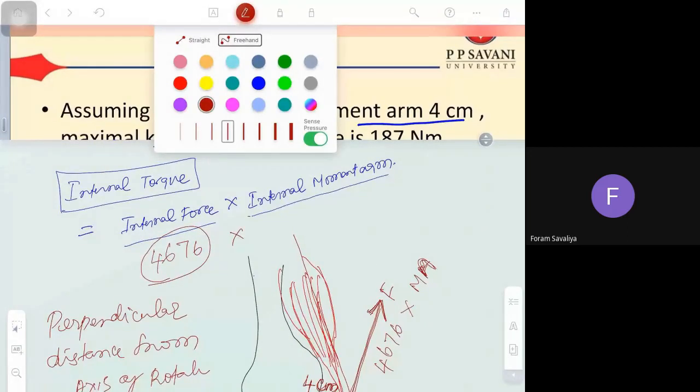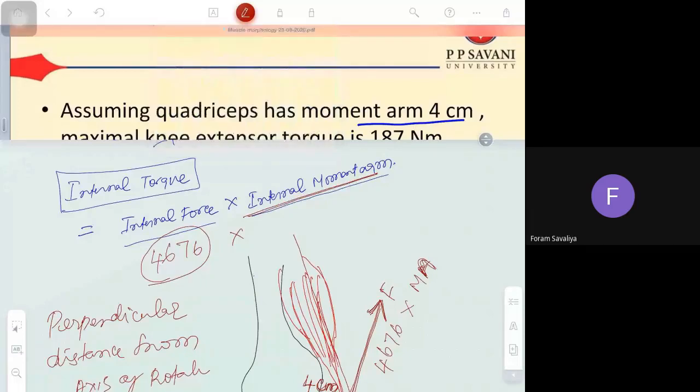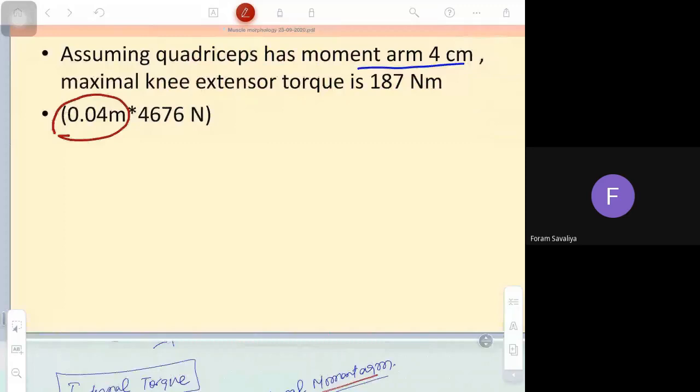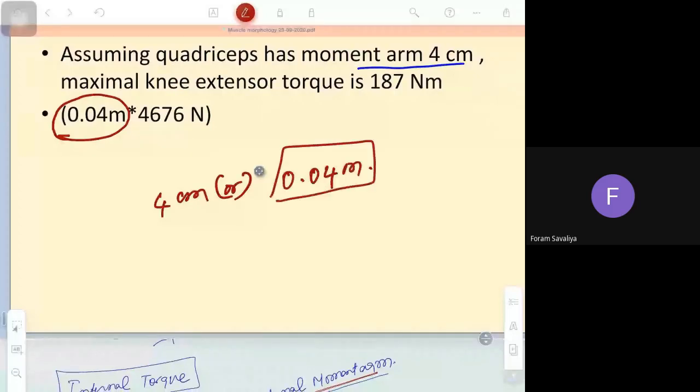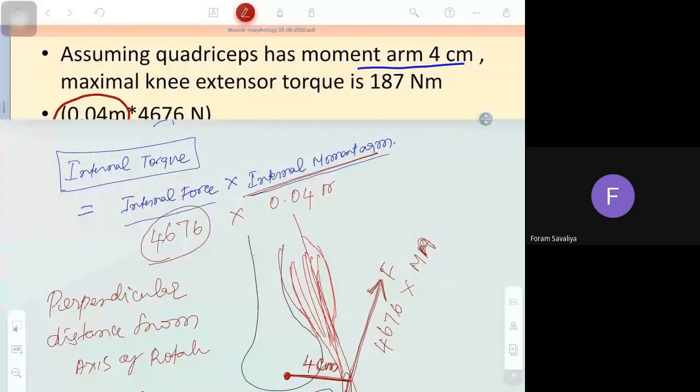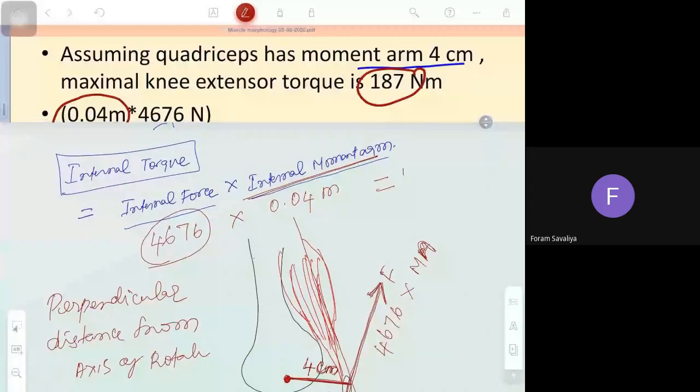What is the internal moment arm? 4 centimeter or 0.04 meter. When you multiply this value into 0.04 meter, you will get 187 newton meter. Are you clear what I am saying? So this is the final value.